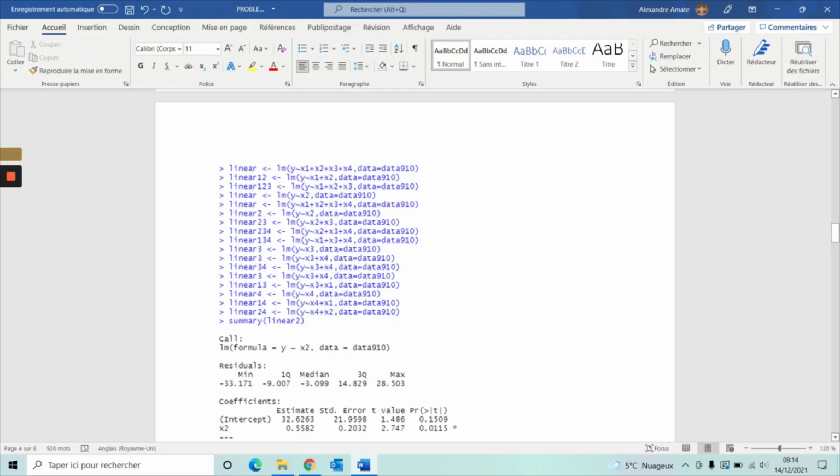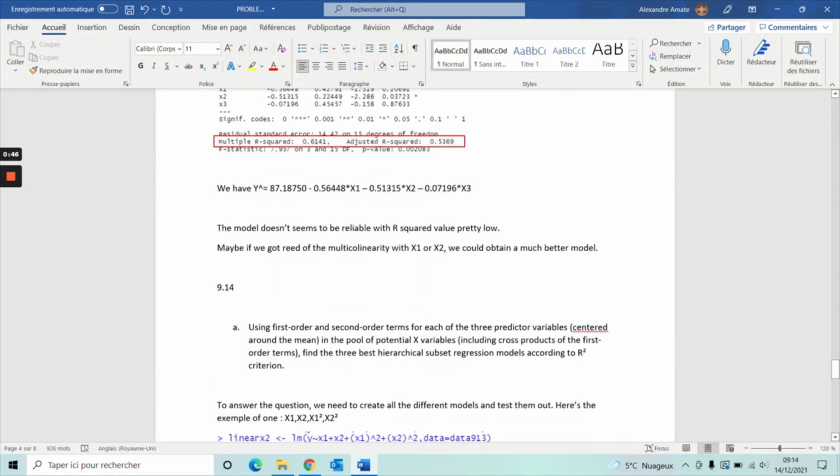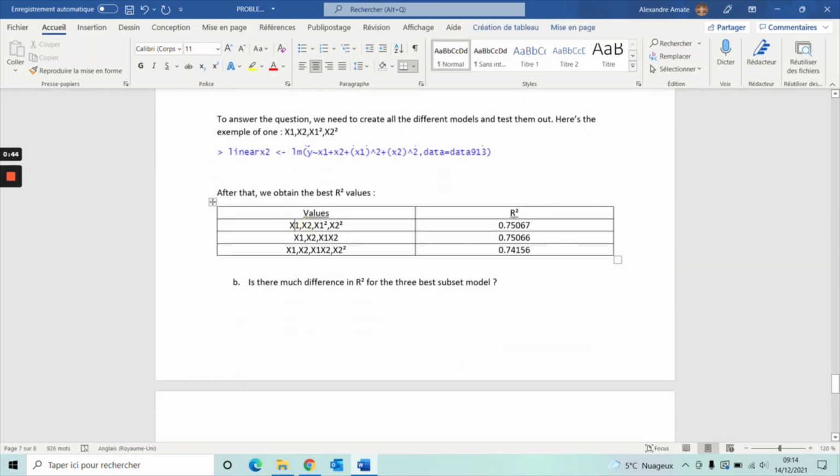I just created some models with x1, x2, x3, but with the squared values. For example, we had x1, x2, and x1 squared, x2 squared. Here are the three best I found. They're all around 0.75, 0.74.